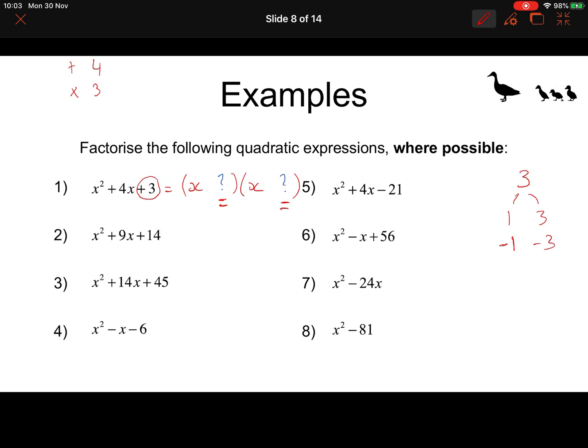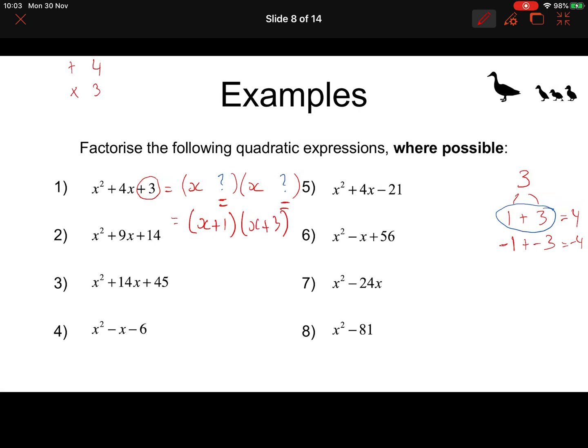So all you've got to decide now is which pair adds up to 4. Let's add them up. That equals 4 and that equals -4. So the correct pair was this one, +1 and +3. So now I know the answer must be x plus 1 times x plus 3.